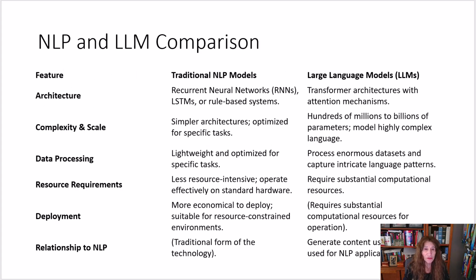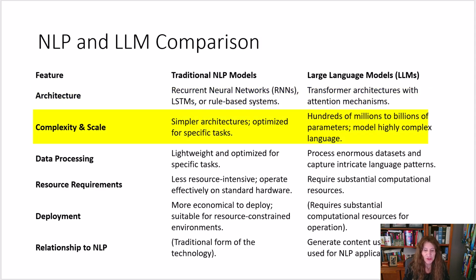We have looked at large language models, which can process human language. So how are these NLP models different from large language models? Well, the architectural structure is a little bit more basic in a traditional NLP model, whereas the large language models use the transformer architecture with the attention mechanism.